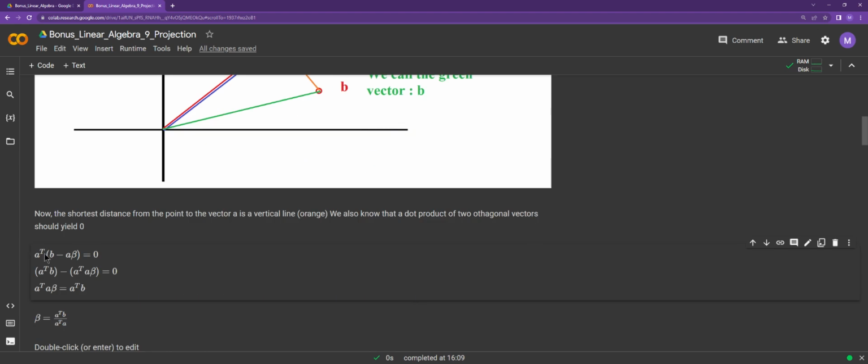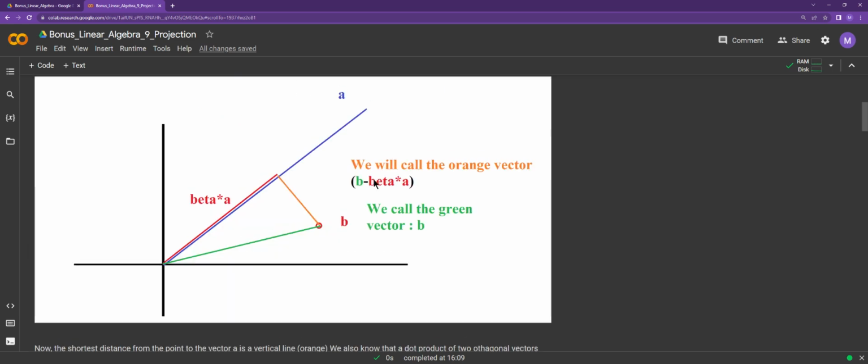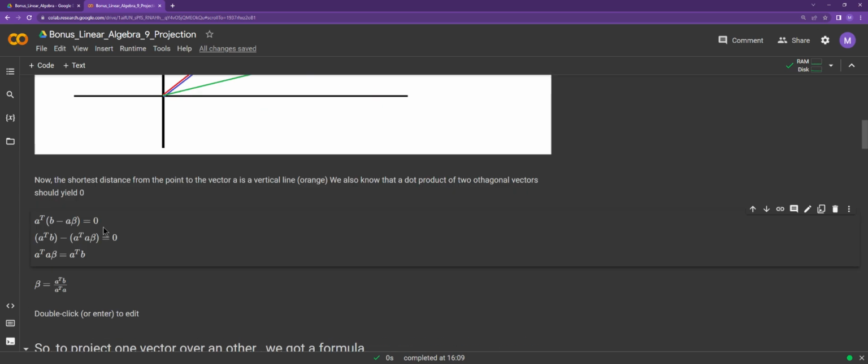So it's A transpose, basically A, dotted with B minus beta A, which is this orange one. Yeah, so blue one dotted with orange one should give us 0, okay? Now, if we do a bit of playing about and expand the formula, we will have A transpose B minus A transpose A beta equals 0, all right?